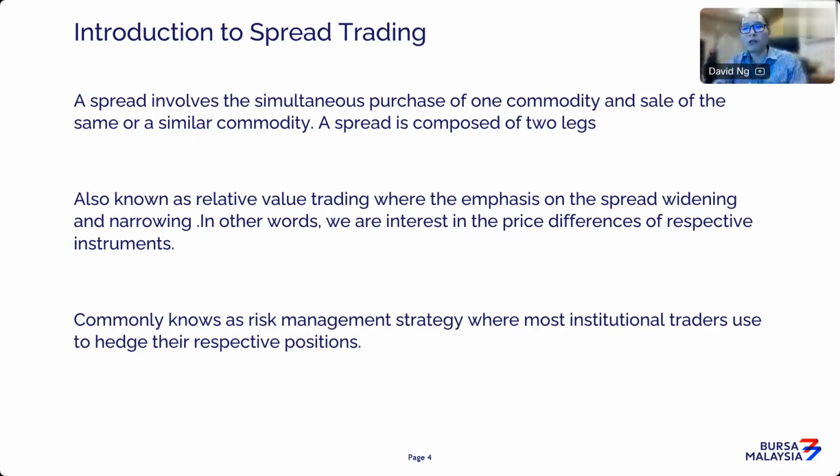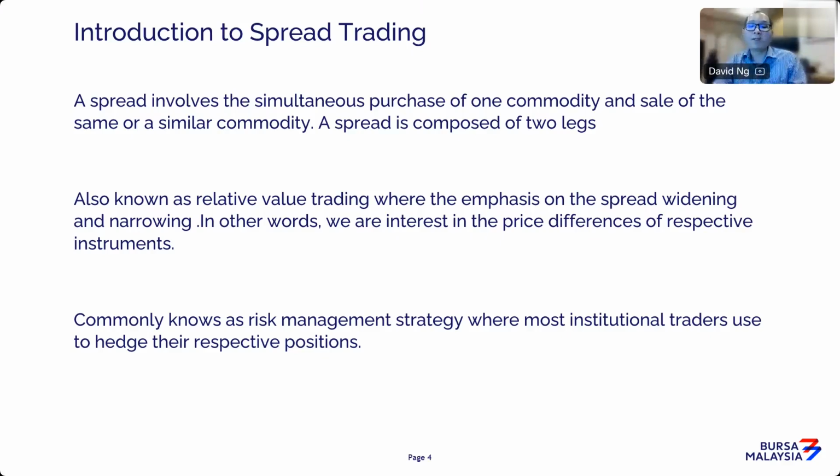Now, if you're doing outright, it's almost 100% risk exposure to a certain direction of the market. For example, if you think the market is going to go up, you go long a futures contract, and you are technically 100% exposed to the market. If you're doing a spread, you're thinking that the price differential between two particular months is going to get wider because of fundamentals or market forces. What you'll probably do is buy a spread, or what we call a bull spread.